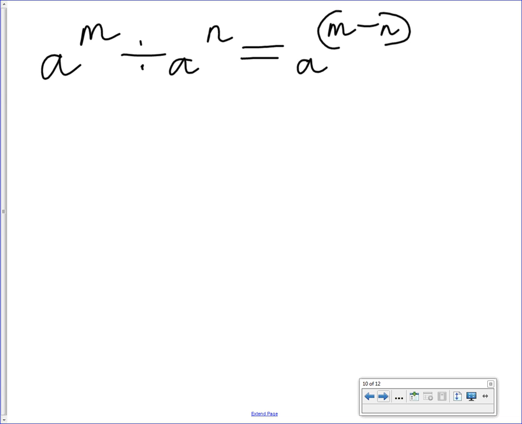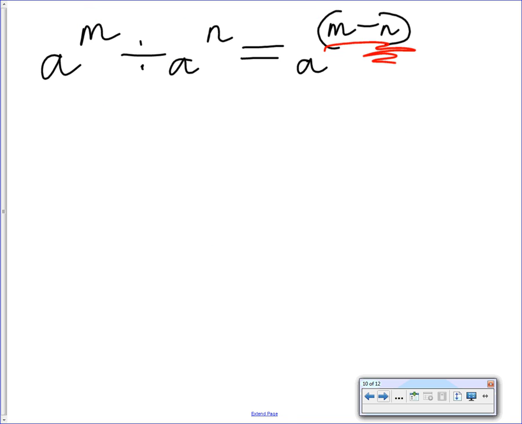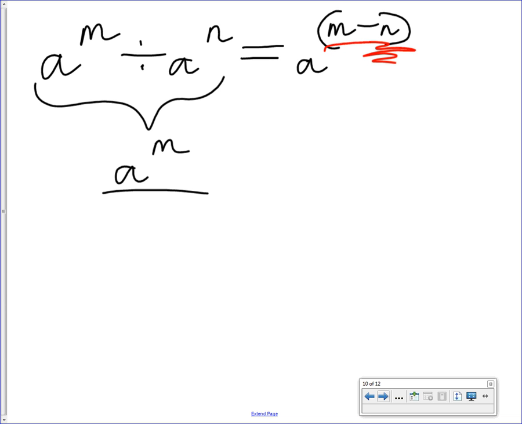That will be a single number. Okay? So, just before, 8 take away 6 equals 2. Now, remember, this side here could also be written as a to the power of m over a to the n, but it means exactly the same thing.